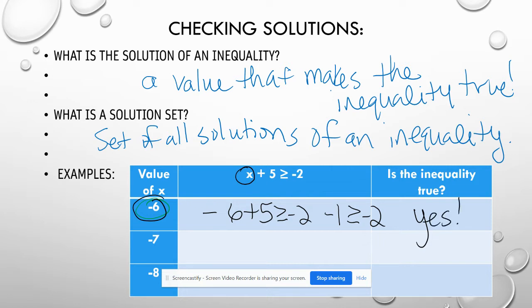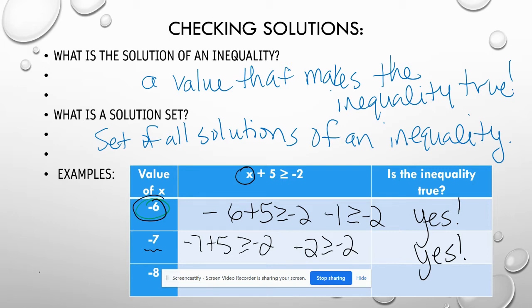So -6 is part of our solution set to this inequality. Now we plug in -7. So -7 plus 5 is greater than or equal to -2. -7 plus 5 is -2. Is -2 greater than or equal to -2? Well, -2 is not greater than -2, but it is equal to. So yes, that would be part of our solution.